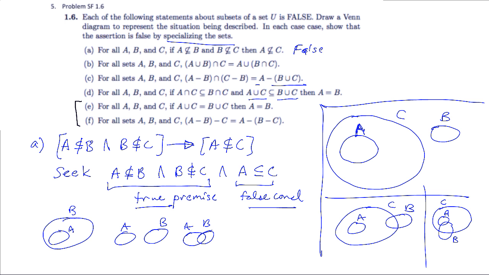Okay, so for part E, A union C equaling B union C implies A equals B. Let's go a couple pages up here, the blank page.